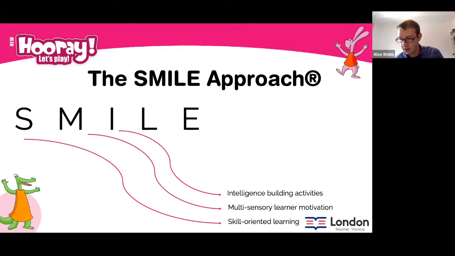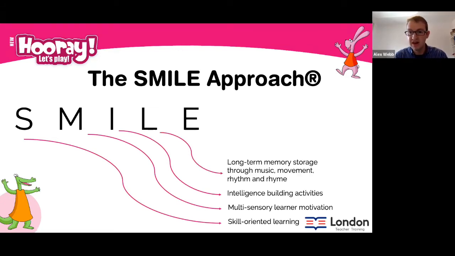The L stands for long-term memory storage through music, movement, and rhyme. Interestingly, most adults can remember and retell rhymes and stories that they learned when they were children. That shows us that stories and rhyme are really good ways of locking things into our long-term memory.